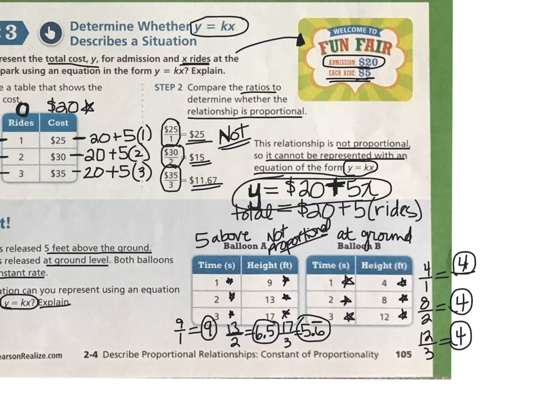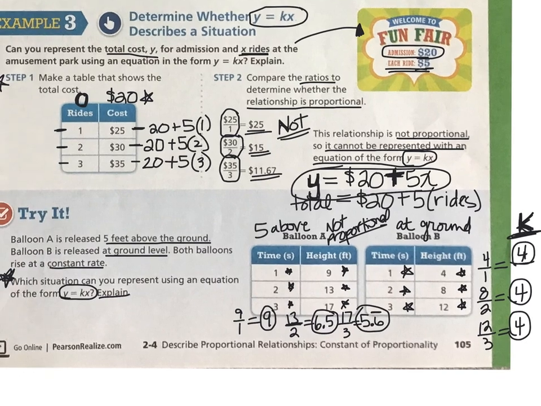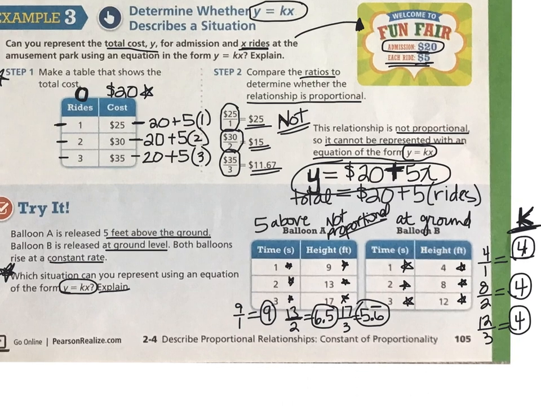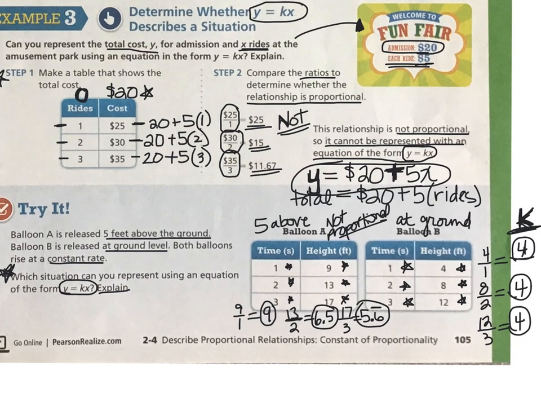Now, this is your K number. Because each of these ratios is equal, we have what we call the constant of proportionality. That constant number that we would multiply by the seconds in order to know how high the balloon is off the ground at any point in time. So, which situation can you represent using an equation in the form y equals kx?